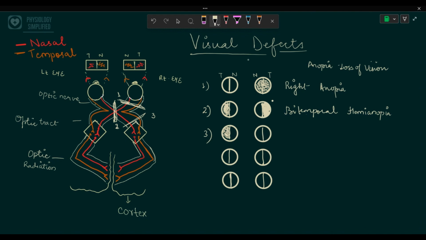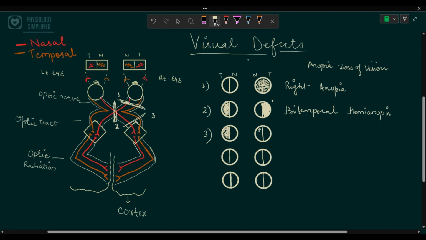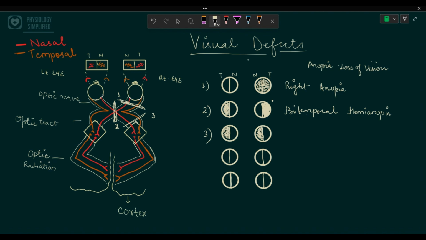So as I told you, the nasal fibers are gone of the left eye, so the temporal field will be affected on the left eye. And in the right eye, the temporal fibers are gone, so the nasal field will be affected of the right eye. This is known as homonymous hemianopia. Homo means same, so basically the same side of both the eyes is affected.